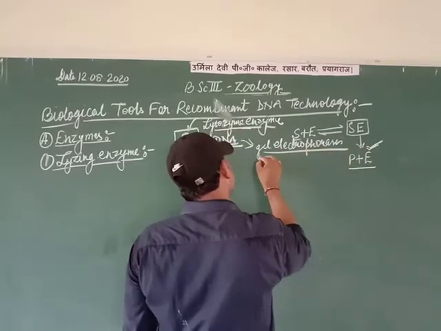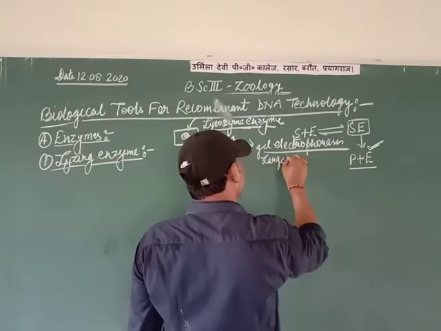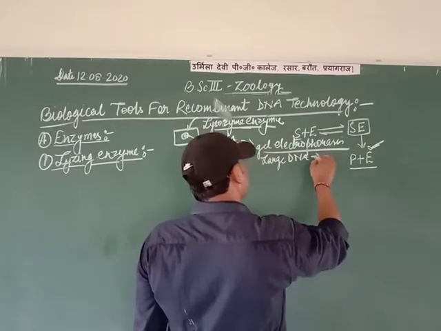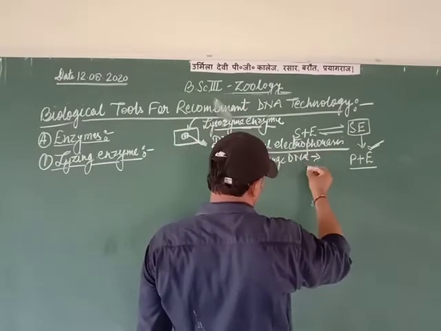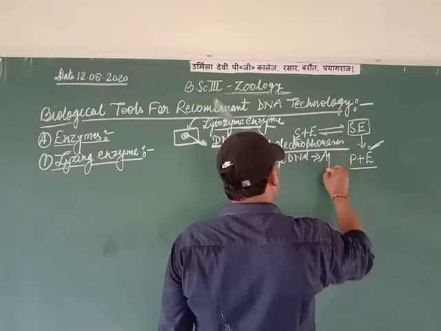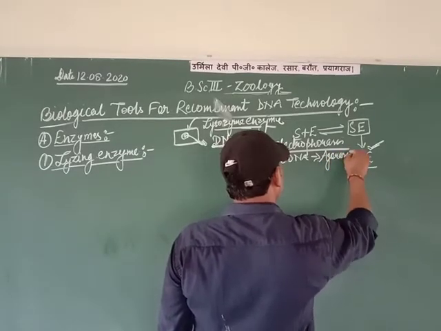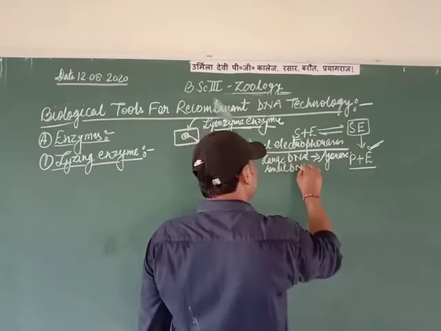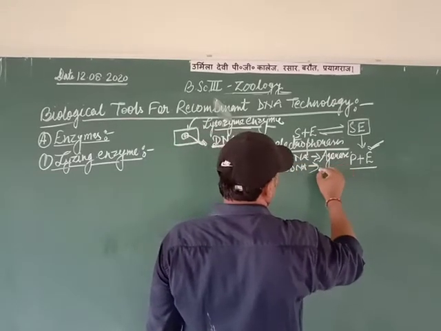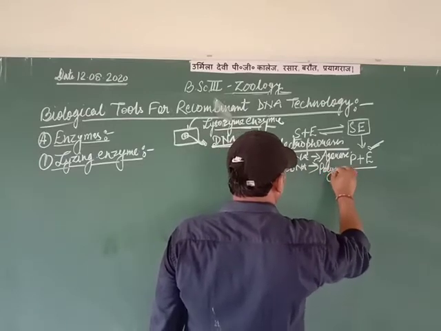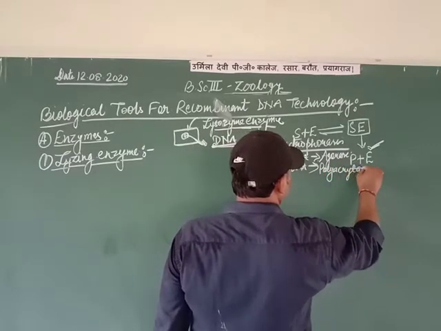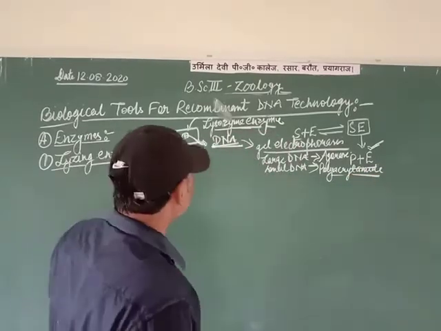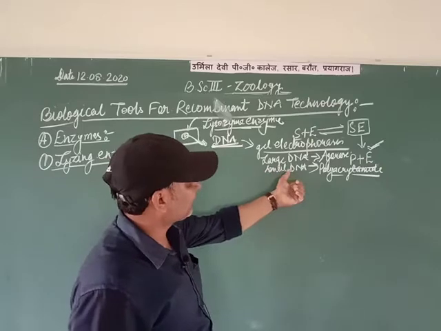For large segments of DNA, agarose gel is used, and for small DNA segments, polyacrylamide is used. So this is the extraction process.